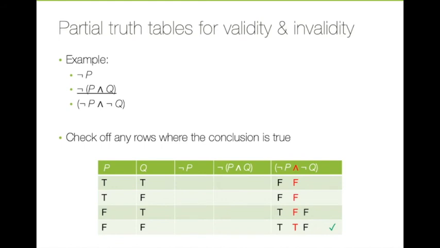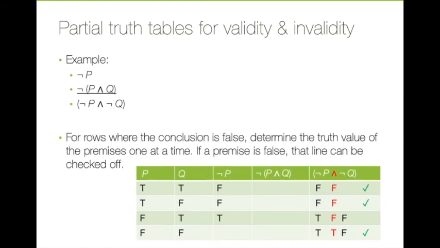It won't prove the argument to be invalid. But we have three other rows we still need to look at, because those are ones where the conclusion is false. For those rows, we're going to have to determine the truth value of the premises one at a time, and then we can only check off those lines if we discover a false premise.